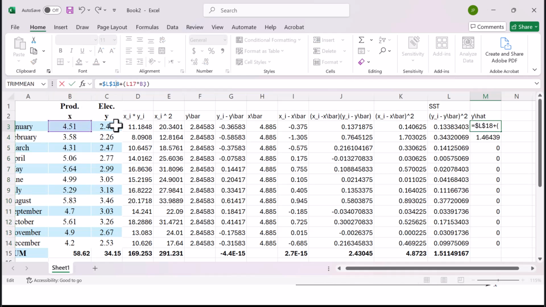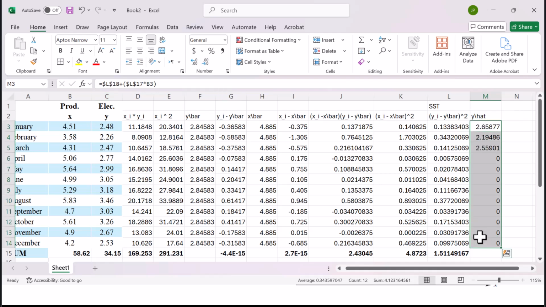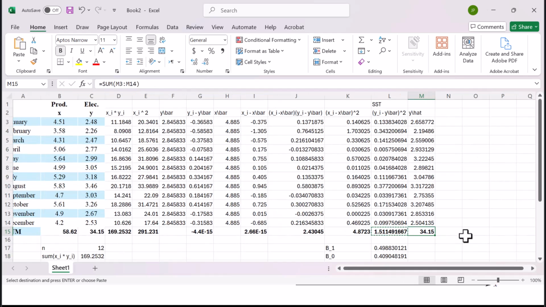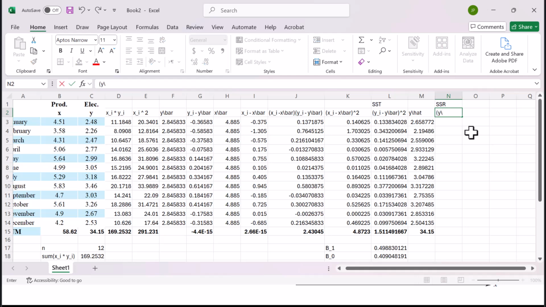So dollar sign, then dollar sign, and we fix all. Then again, this one here. Next, SSR is equal to y hat minus y bar squared. So it is y hat minus y bar, and this one squared.